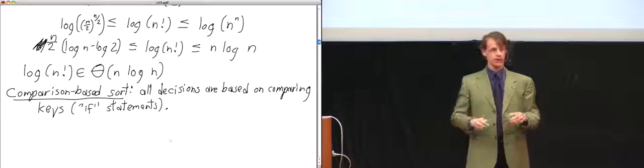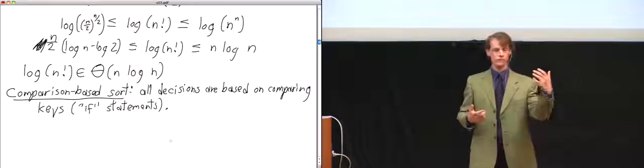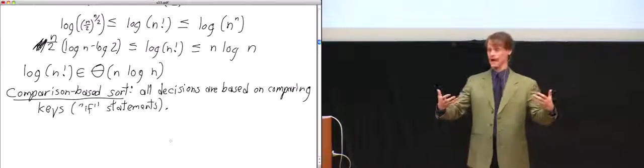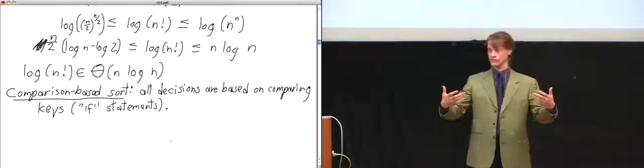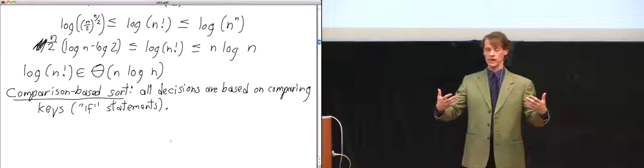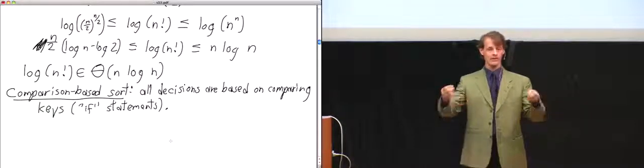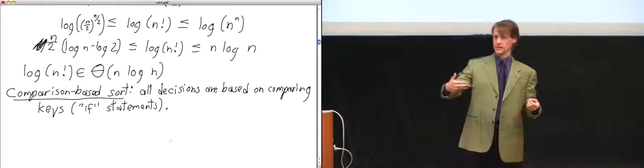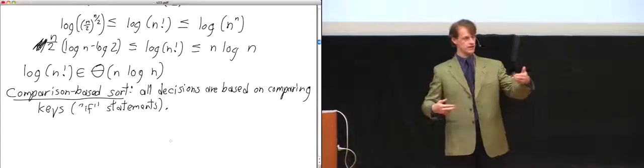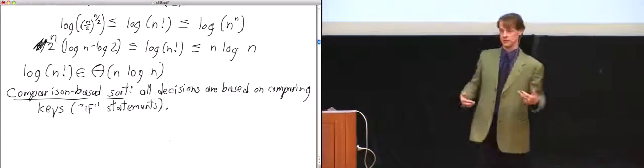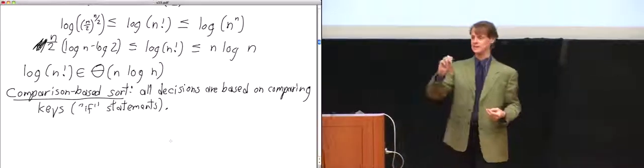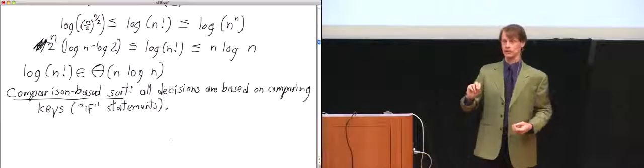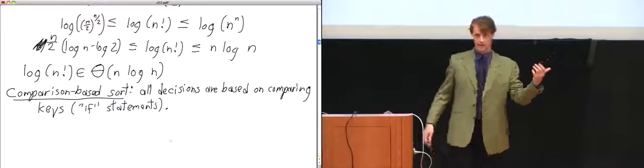So if you have two different orderings of numbers, and you have a correct algorithm that sorts both of those orderings of the same numbers, then at some point they have to have a different decision. One computer says this comparison is false, the other says, from my data, that comparison is true. There has to be a different sequence of true and false answers for every possible permutation of the n input numbers.